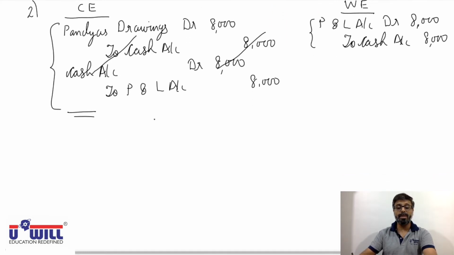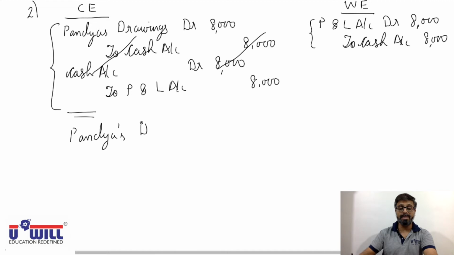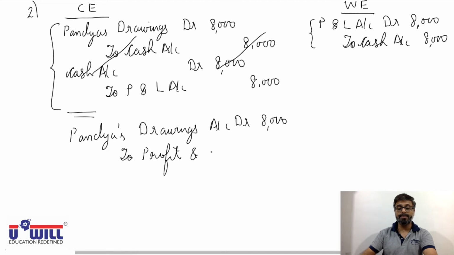Pandya's drawings account debit to P&L account. The combined rectification entry for this mistake is Pandya's drawings account debit 8,000 to profit and loss account 8,000.